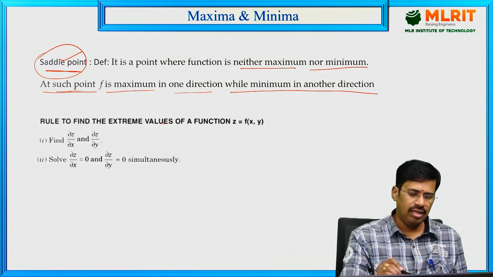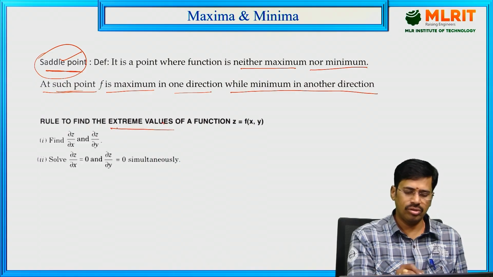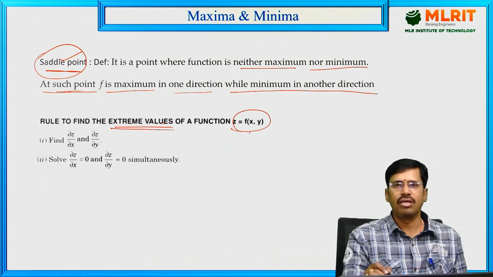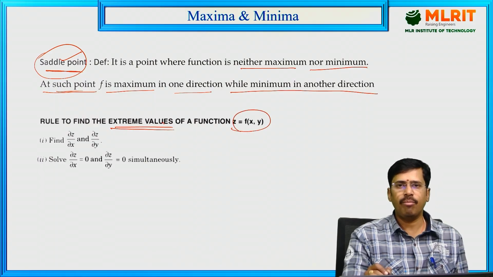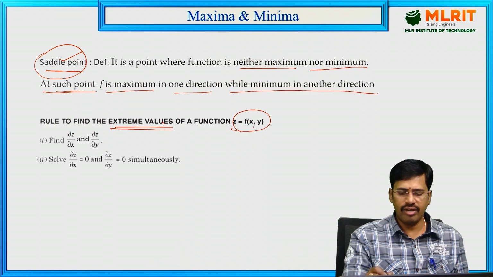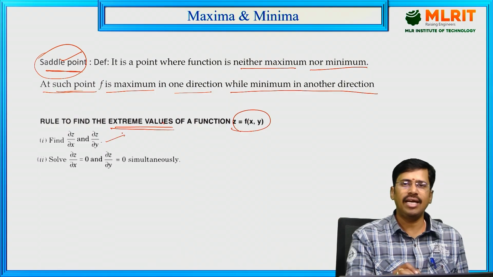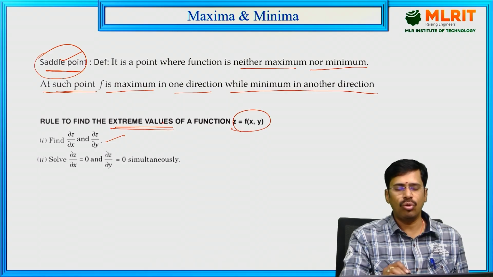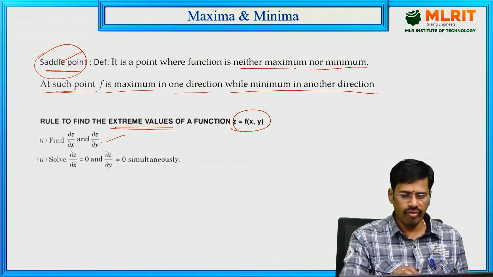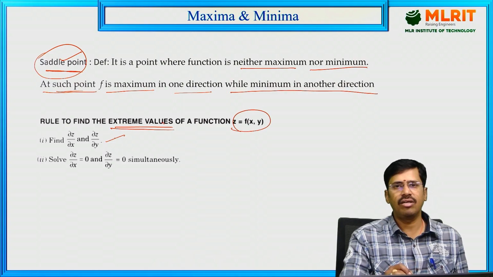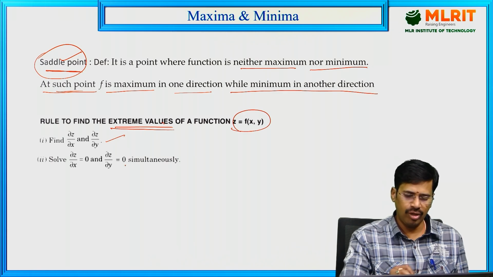Now let us see how to find the extreme values, that is either maximum or minimum, for z equal to f of x comma y. Step 1 is to find the first order partial derivatives, that is dou z by dou x and dou z by dou y, or we can say dou f by dou x, dou f by dou y.